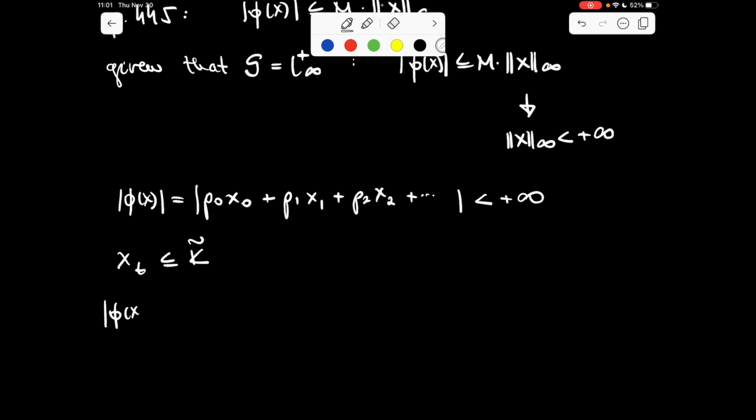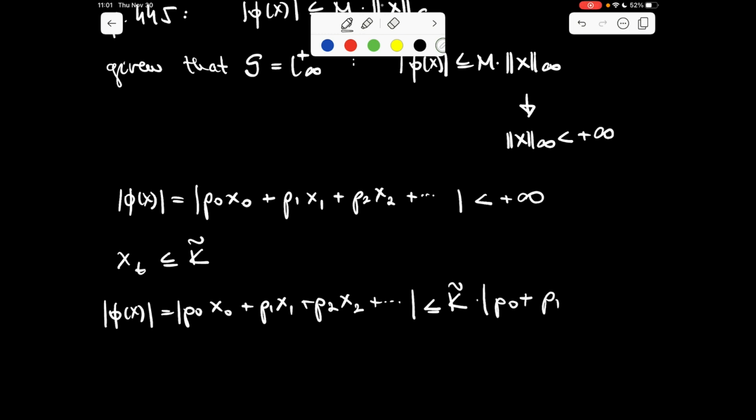And in this case, this sum to any point in infinity cannot be higher than this expression.